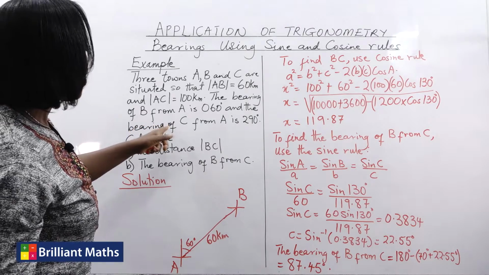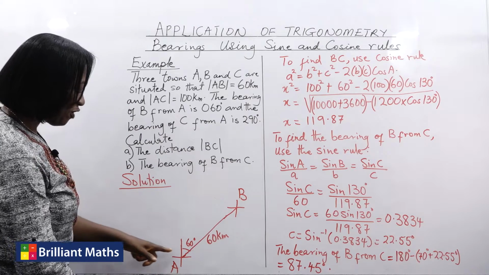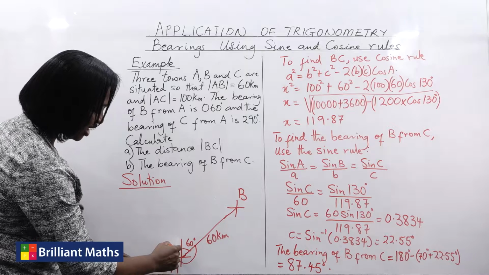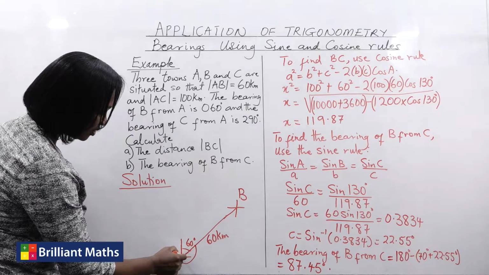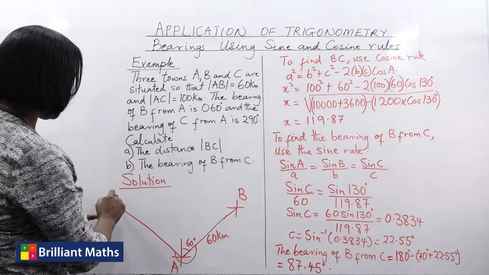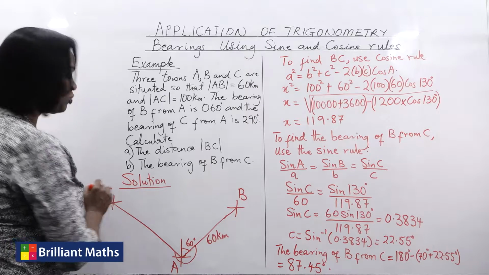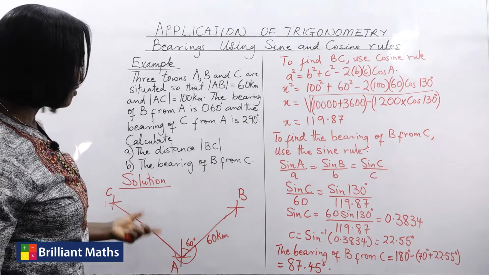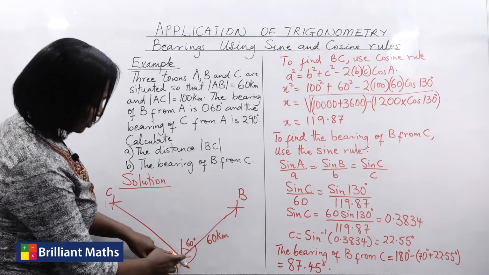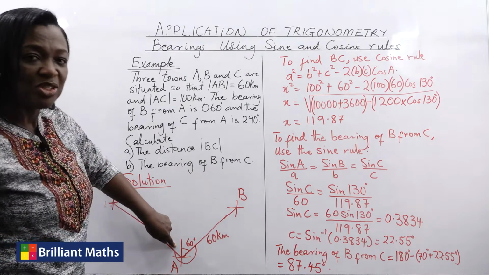And the bearing of C from A is 290 degrees. So from A again, 290, 270 is there, and then we cross in 20 degrees. So that's our C. That's point C. So we have that bearing is 290. That's 270 plus 20. So how many degrees do we have in here?